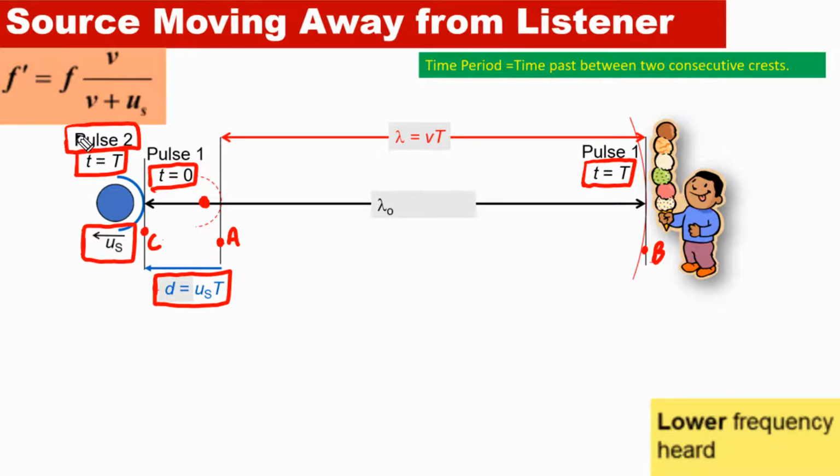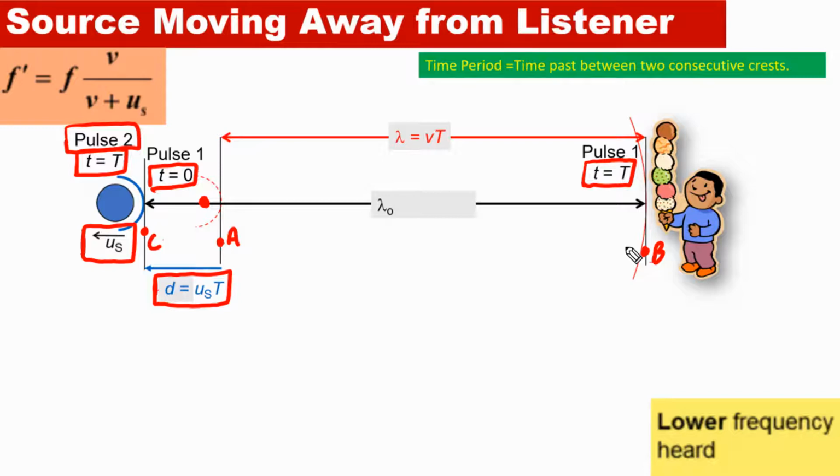Now what we need to find out is after how long this second pulse will reach the listener at point P. That time period is what we need to find.